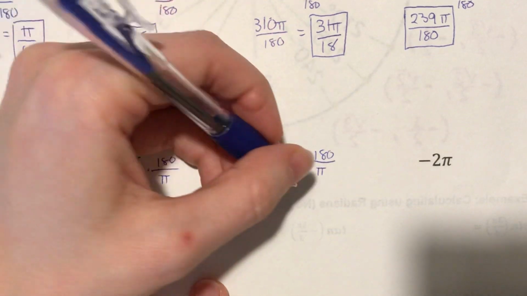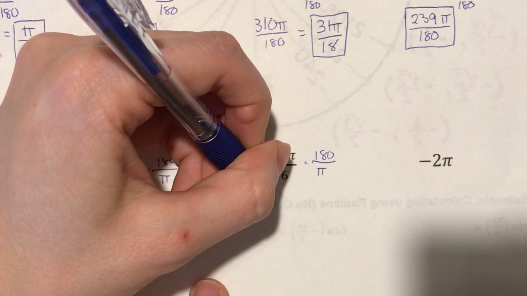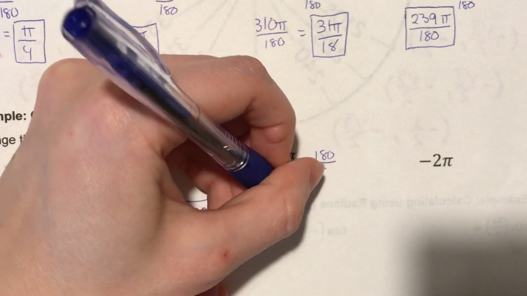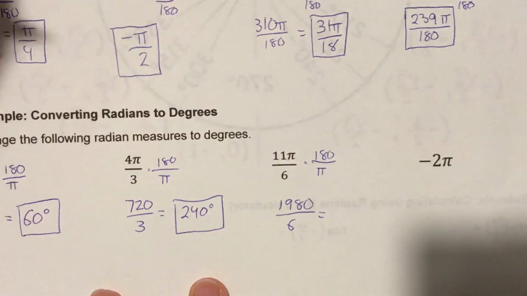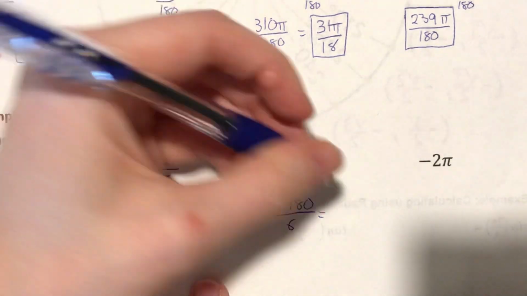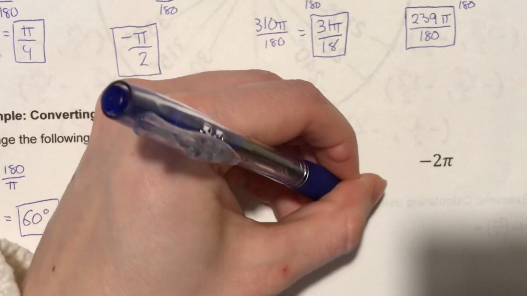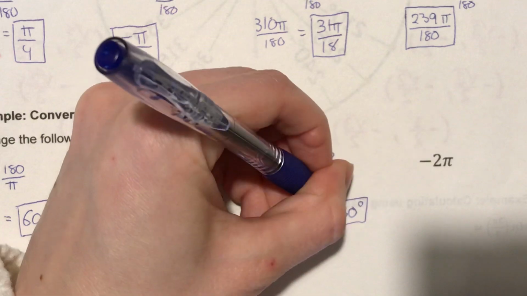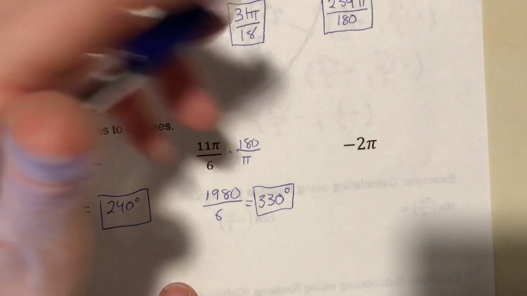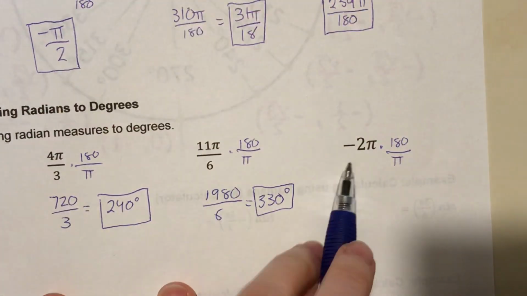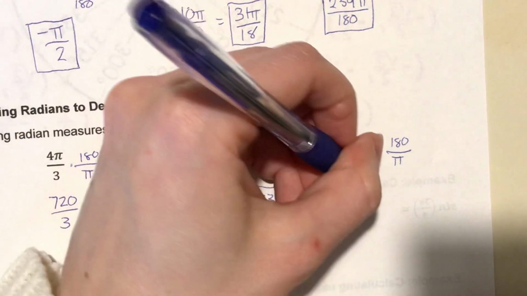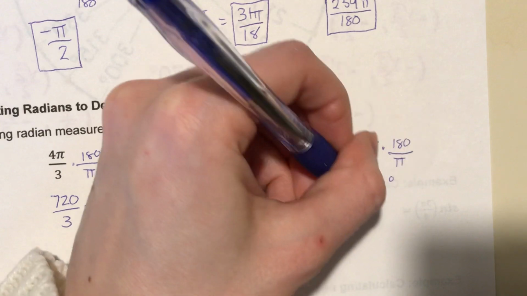Let's see, 11 times 180 is 1,980 over 6, which is equal to 330 degrees. And then negative 2 pi times 180 over pi. That's negative 2 times 180, that's negative 360 degrees.